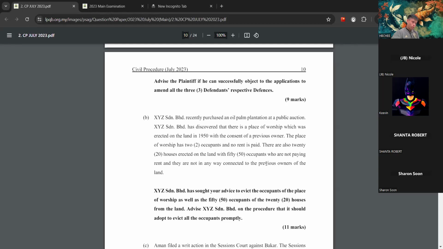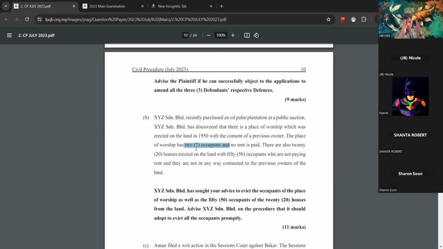Order 89 is correct, because the squatter is referred to the 50 occupants who are not paying the rent and not connected to the previous owners. But there are two occupants who have the consent of a previous owner, just that no rent is paid. So that means this one consists of two different parts.